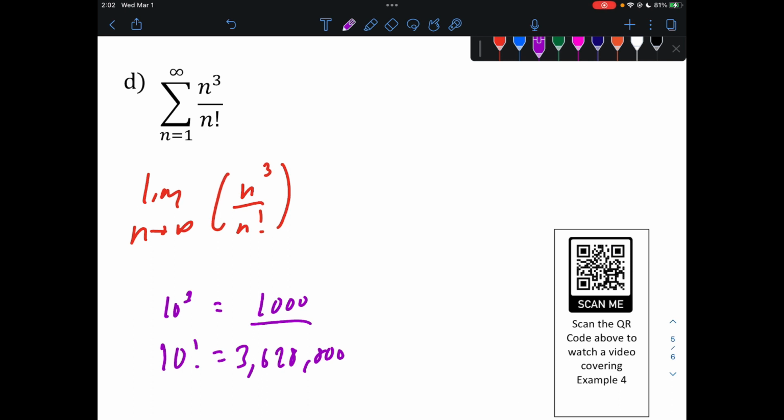And think about, as we go to infinity, how much bigger it's going to get. So this is going to grow a lot faster than this will grow, which means this is going to go to 0, because it's going to go to something over infinity, which will go to 0. So since that is 0, again, we would say our test is inconclusive. We can't say that it diverges for sure, but we also cannot say that it converges. Okay?